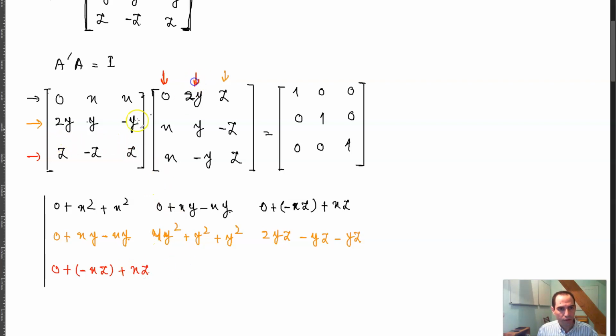Then the same row times this column, that is 2 times yz, negative yz, and negative yz.